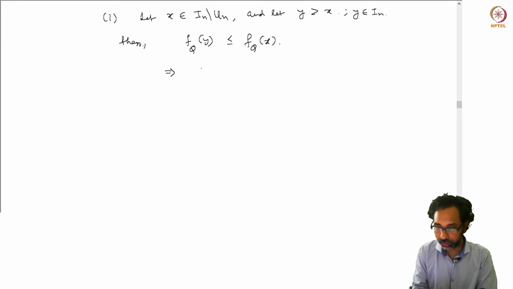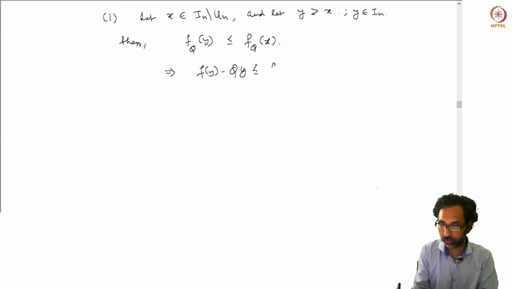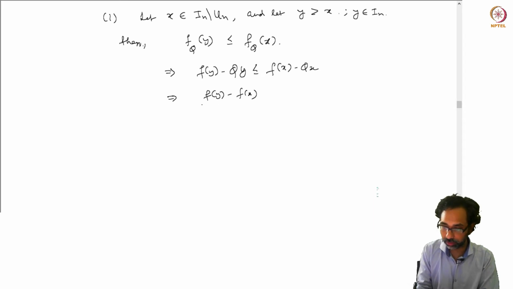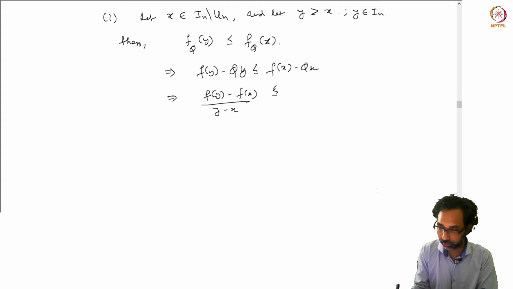So this implies that f(y) minus q y is less than or equal to f(x) minus q x, and this is nothing but (f(y) minus f(x)) over (y minus x) is less than or equal to q.